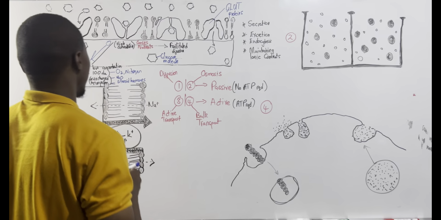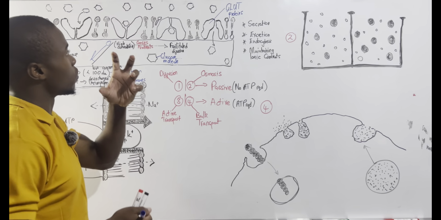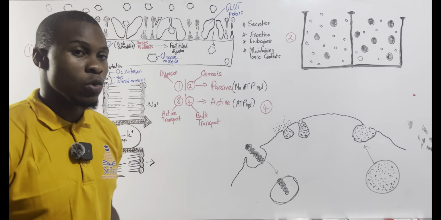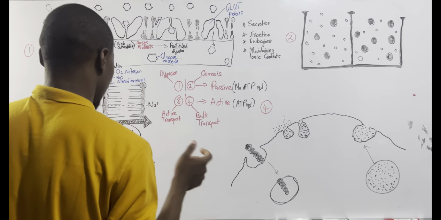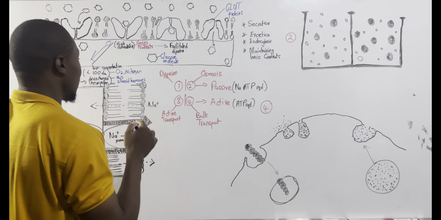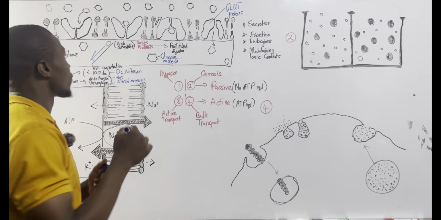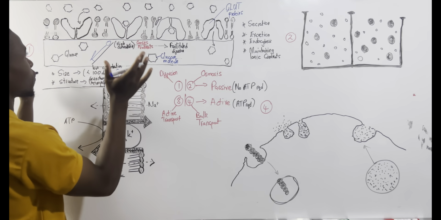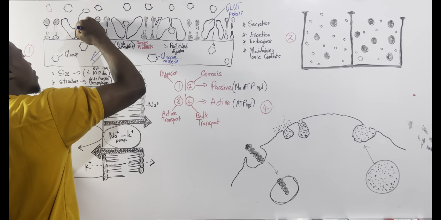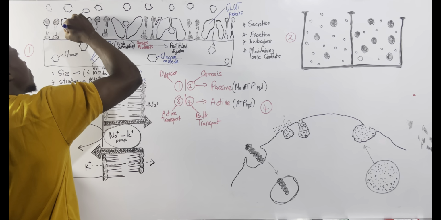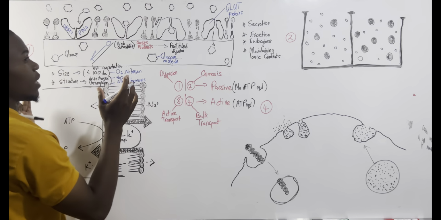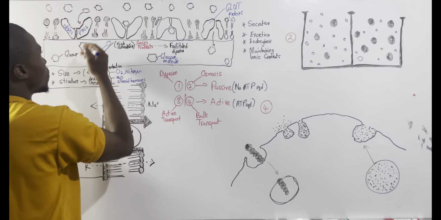Okay, so here's the thing. The mechanism in which these GLUT transporters work is that they exist in what is called the ping-pong state. Let me say it again, ping-pong state. The ping state is also known as the open state, where the carrier protein is facing the external environment, ready to receive, opening up for the glucose molecule to come.